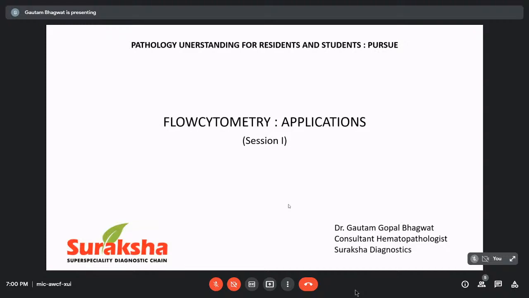I have the luxury of having two back-to-back sessions, one today and one day after tomorrow, for the applications of flow cytometry in hematology. So I have divided my two talks. This one would be basically focusing on the malignant hematological diseases, or the hemato-oncology as we say it. And the second session would be mostly on the benign diseases of hematology, in which flow cytometry is being used.